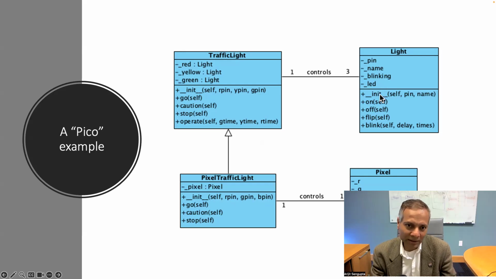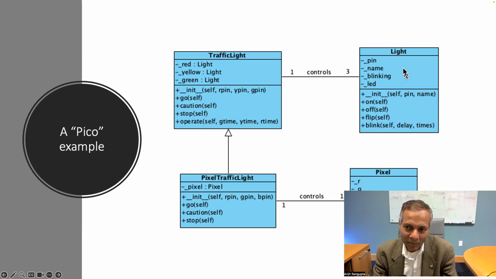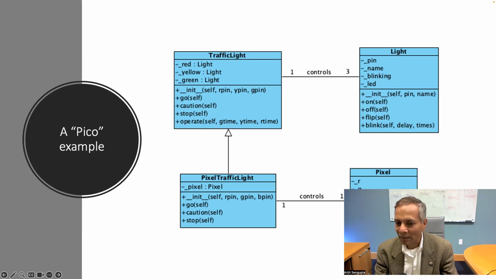But as you know, Python is a loosely typed language, so you could change types as you go along in the program. So it's not all that important to ensure all the types are there. As I was saying, this traffic light was using these lights, and similarly, our pixel traffic light was using a pixel. So essentially, it had an association with the pixel class.